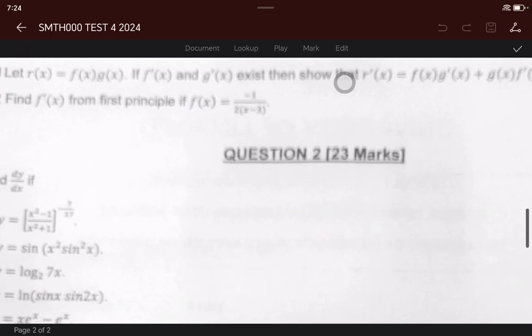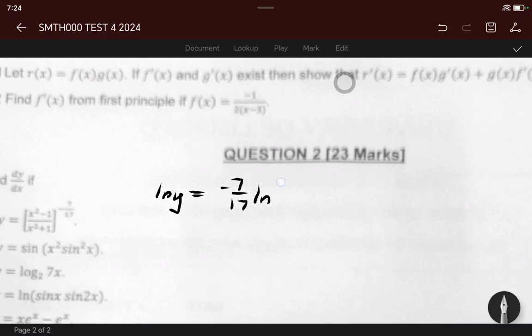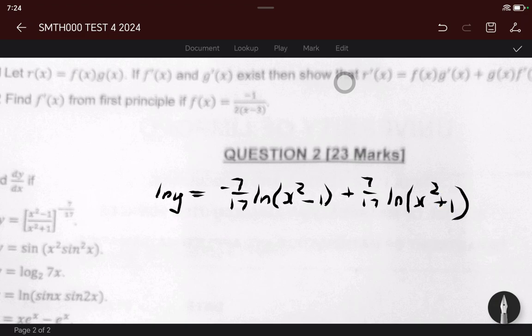We were somewhere here to say that ln y is equal to negative 7 over 17 ln of x squared minus 1 plus 7 over 17 ln of x squared plus 1. So now I can introduce the derivative both sides, right?